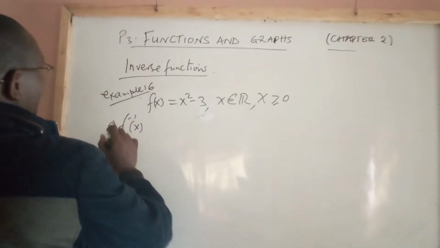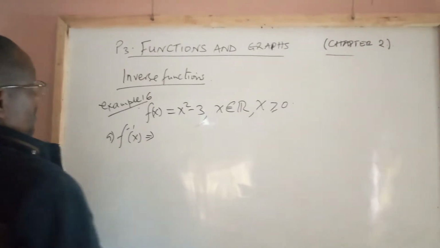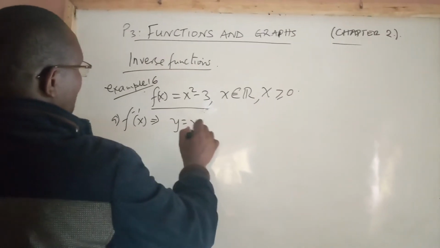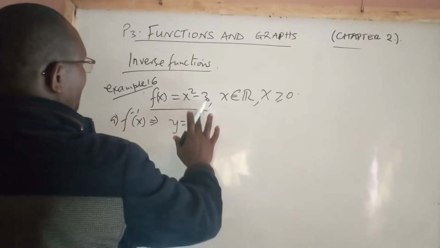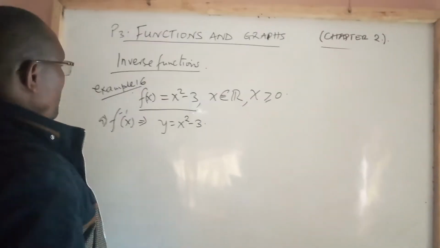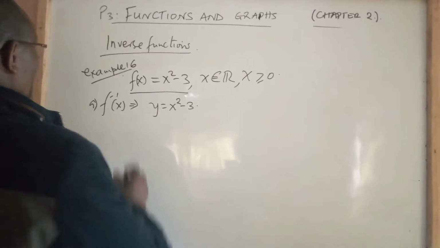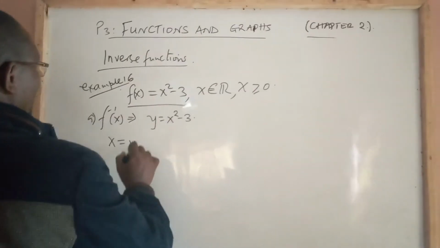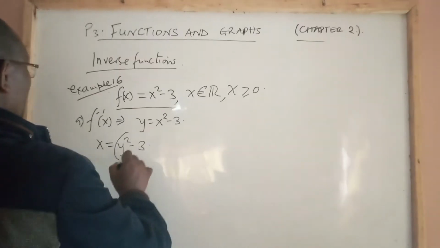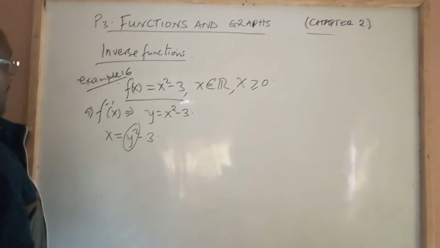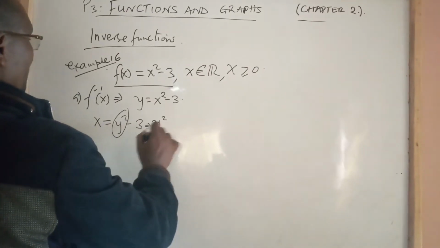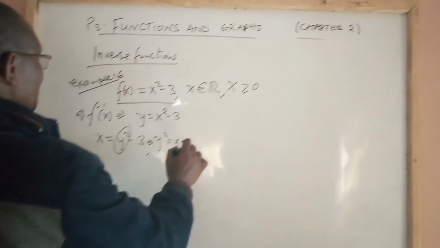in part A. As you are used to, this one is written in terms of y: y is equal to x squared minus 3. You interchange the variables and have x is equal to y squared minus 3, and then our interest is to make y the subject of the formula, which says that y squared is equal to x plus 3.